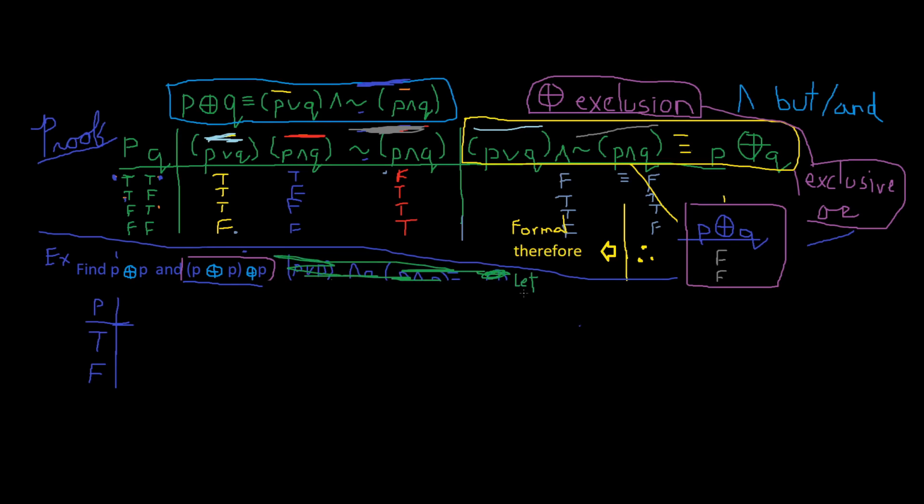So we're going to say let P exclusive OR P be A, or equal to A. Maybe that sounds a little better. And so now we transformed our big lengthy compound statement into just A, false. So we got two falses, and now we gotta carry on.